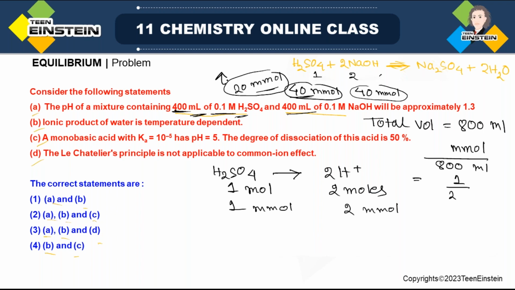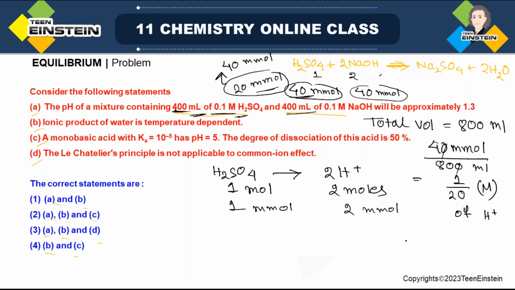In terms of H plus it is 40 millimole, so we write 40 here. That is why it will be 1 by 20, the molarity of H plus.